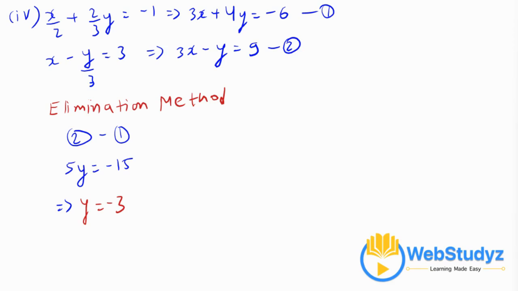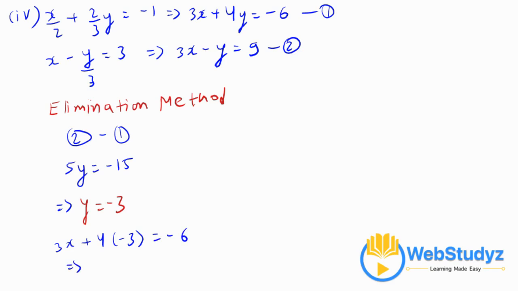Now when the value of y is substituted in the first equation, we get 3x plus 4 into minus 3 equals minus 6.